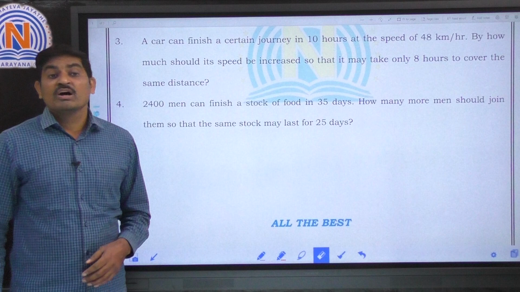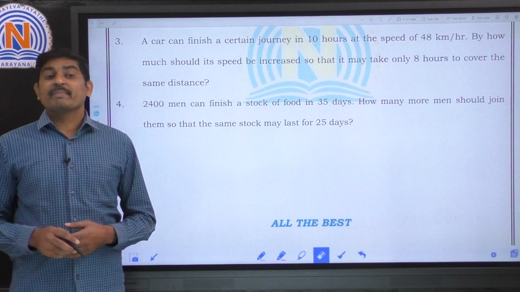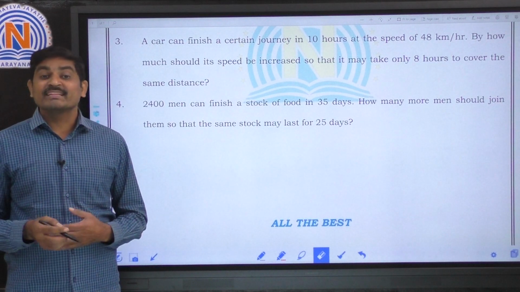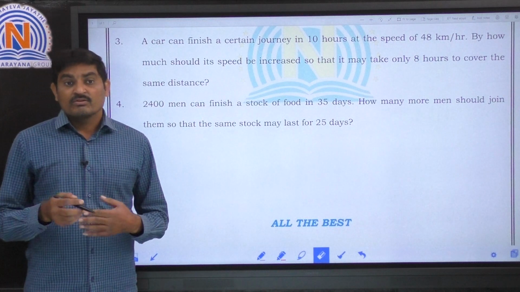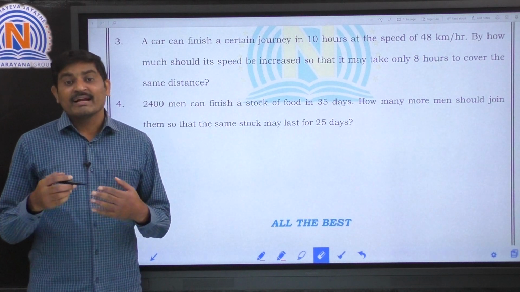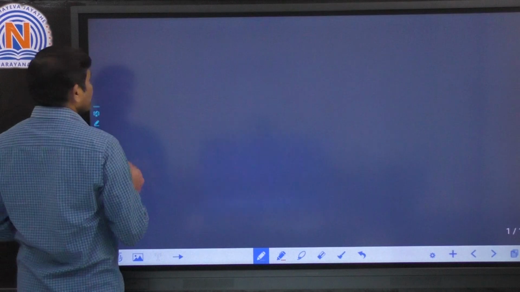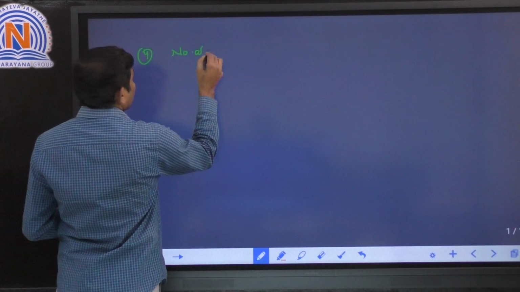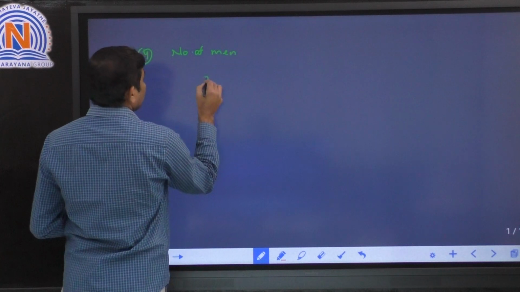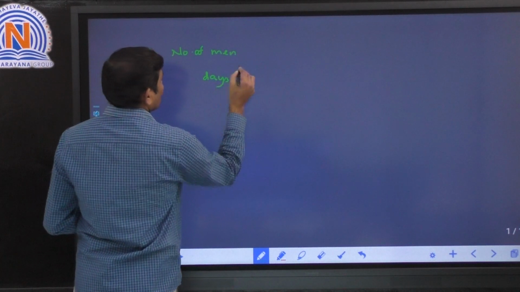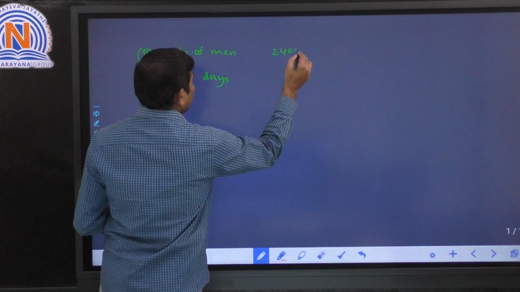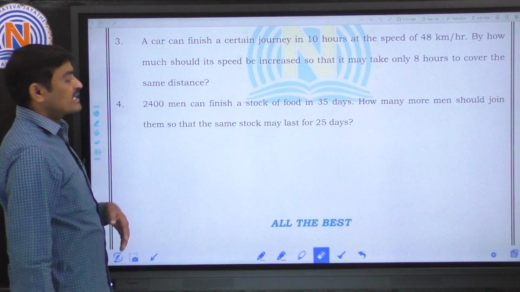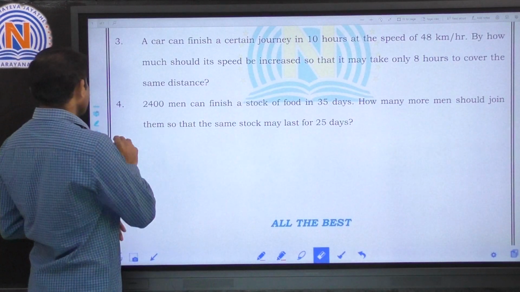Last one, see. 2,400 men can finish a stock of food in 35 days. Number of men and days. 2,400 men can finish in 35 days.